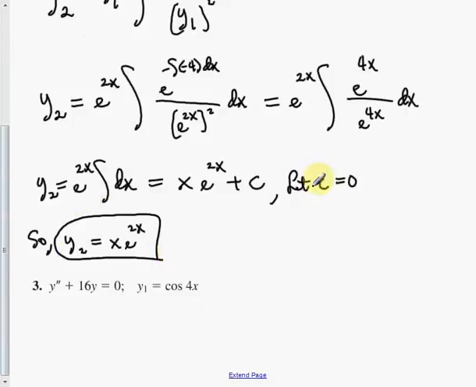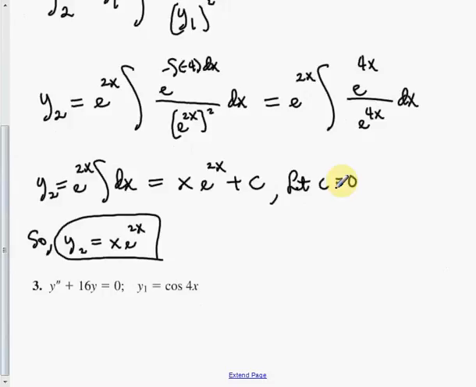Now the question is, why was I able to let c equal 0? Because here I'm not writing the general solution. I'm just trying to get that second solution. You remember when I apply the superposition principle, y equals c sub 1 times the first solution plus c sub 2 times the second solution.